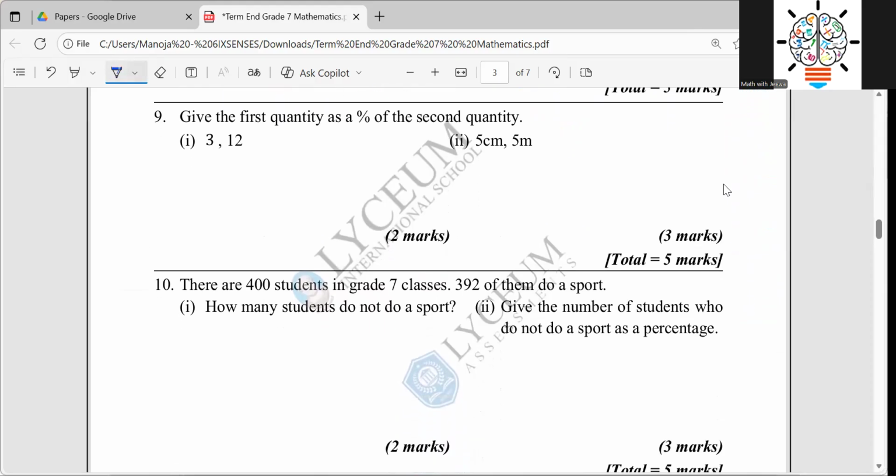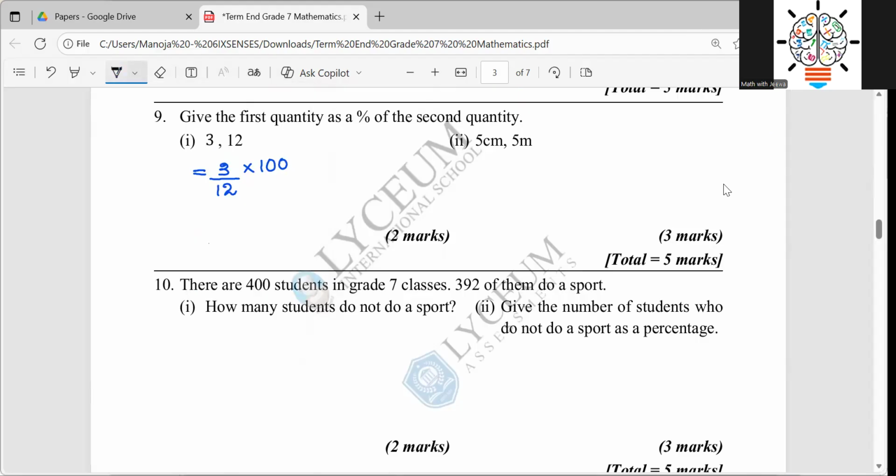Straight line, okay? Then the next one, give the first quantity as a percentage of the second quantity. So this is a very popular question type. You write the first quantity as a fraction of the second quantity, and then you want to get the percentage, therefore you multiply by 100. First you want to write the first quantity as a fraction of the second quantity, then you multiply it by 100 to get the percentage value.